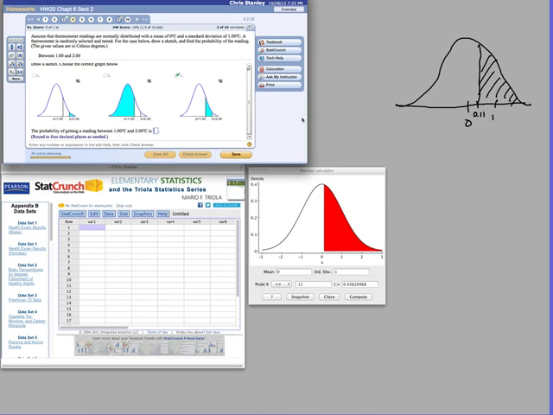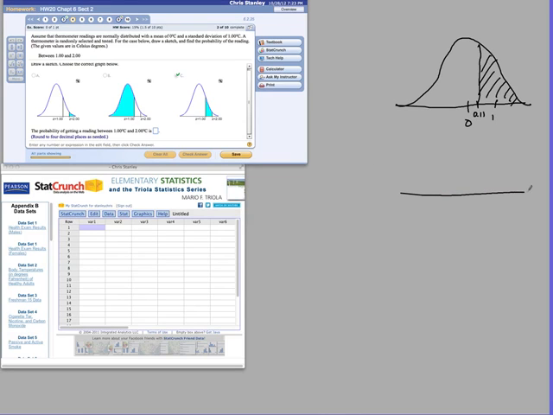Okay, so the probability of this one's a little different. What we have to do here is find the probability between 1 and 2, the shaded region right here. Let me change the color up a little bit. I need to find that. But StatCrunch isn't going to do that directly for us.